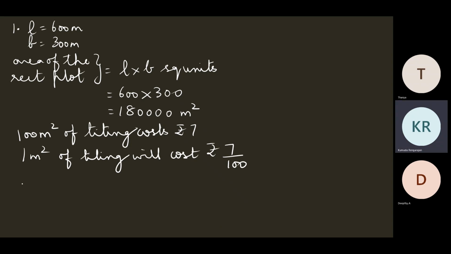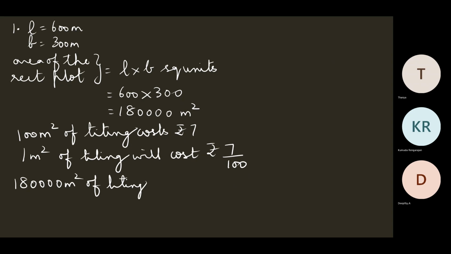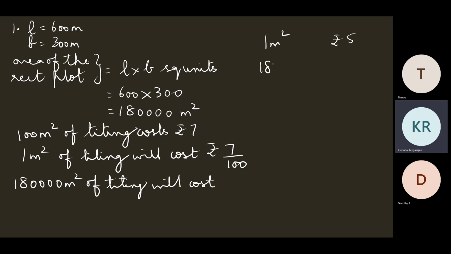Now the cost of tiling. So 18 followed by 4 zeros meter square of tiling will cost, for 1 meter square it is 7 by 100. So this is 1,80,000 meter square of tiling. Supposing for 1 meter square it is 5 rupees, then for 18 followed by 4 zeros meter square it will be this into 5.